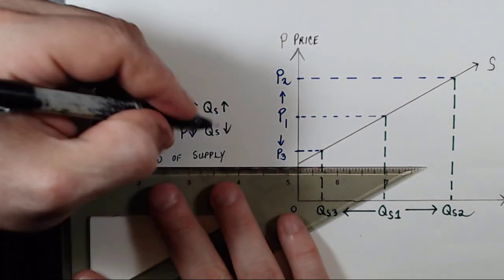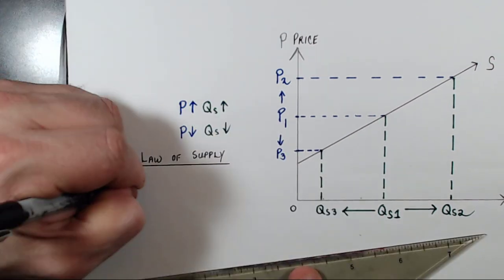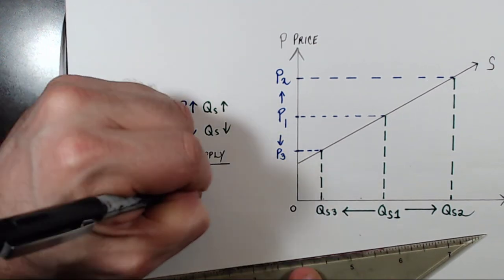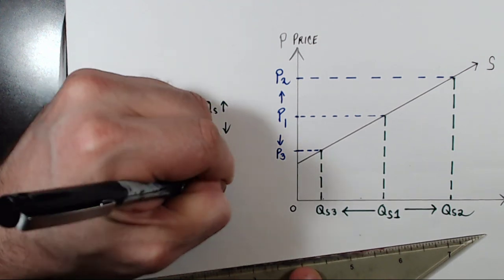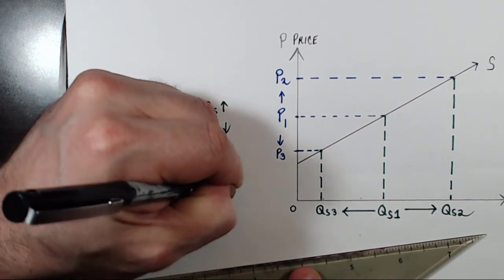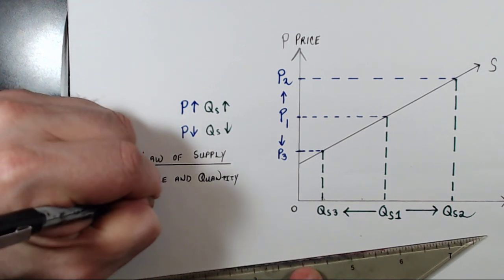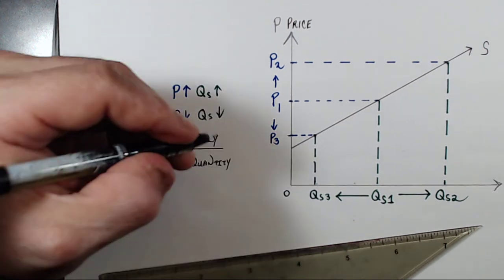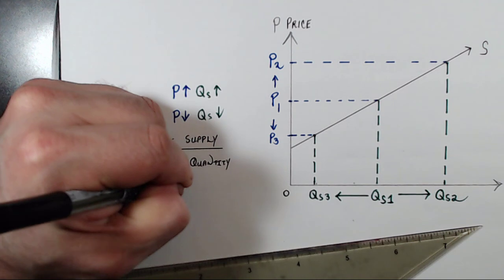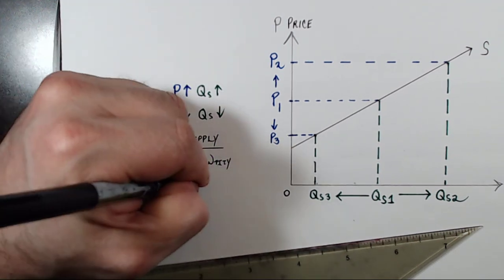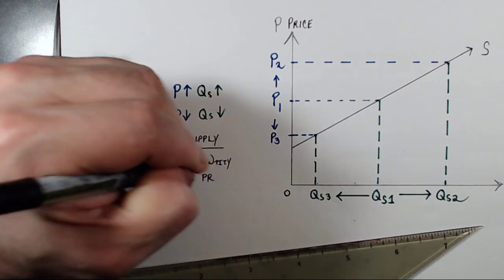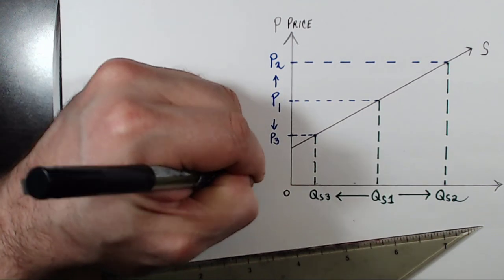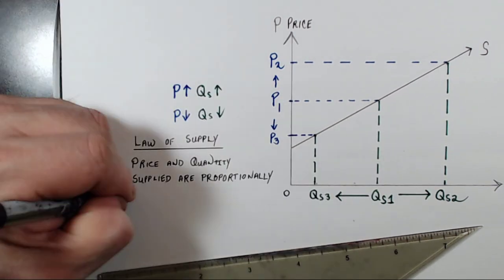The law of supply is that price and quantity supplied are proportionally related.